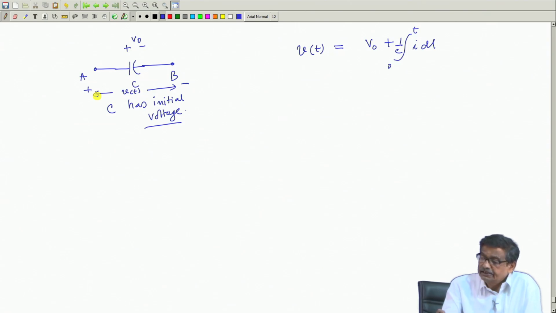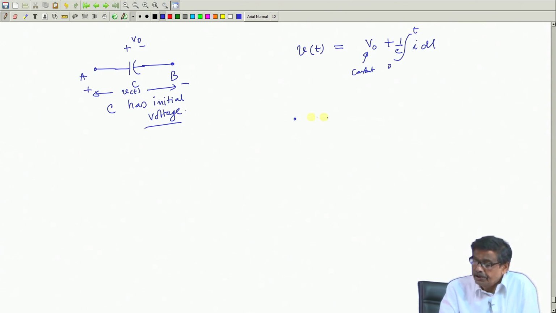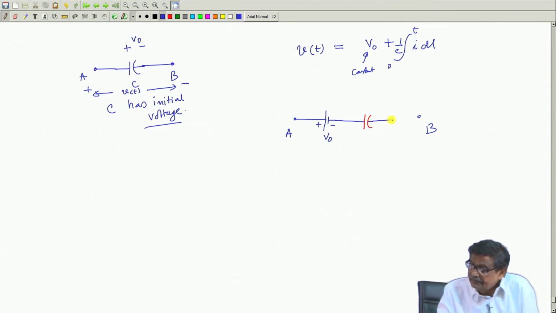So, this V t is a constant number, and I soon discovered that this is nothing but a constant voltage V naught. Therefore, between A and B I can consider as if there is a battery V naught plus a capacitor C, which has no initial voltage.